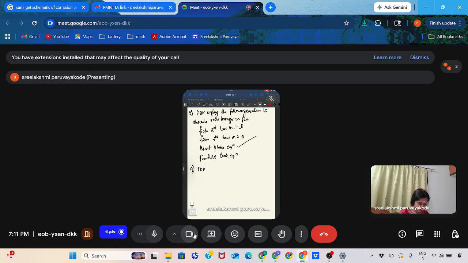Now PDM employs the following assumption to describe mass transfer within film. Film is continuous medium. Film is lattice.